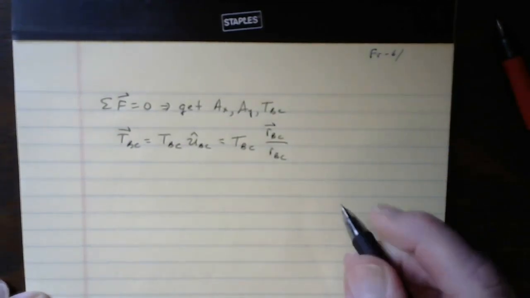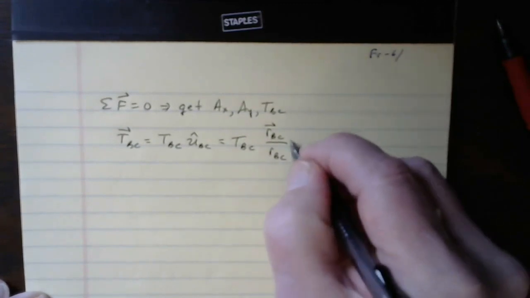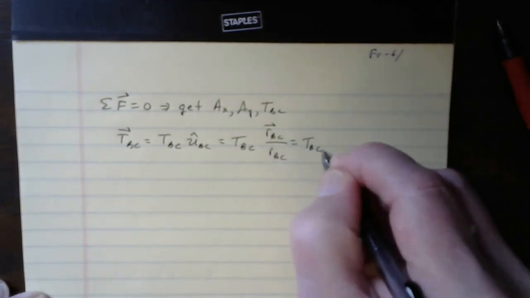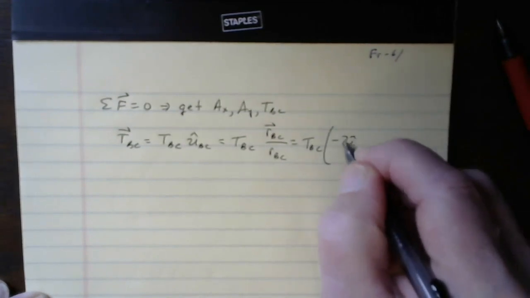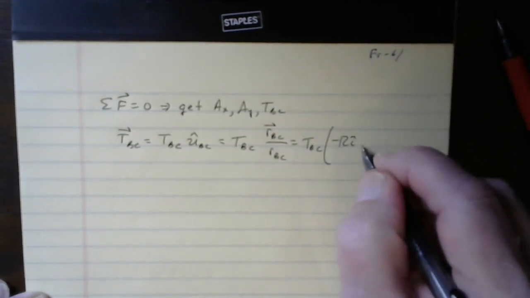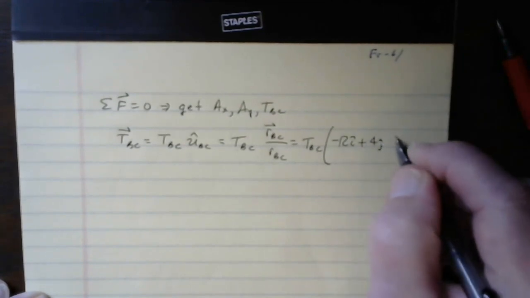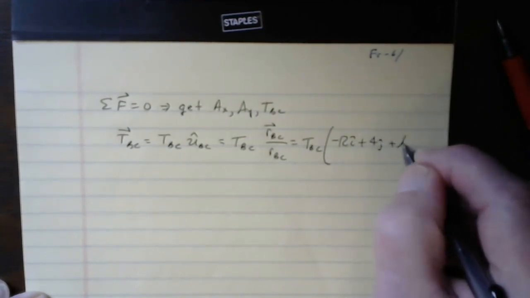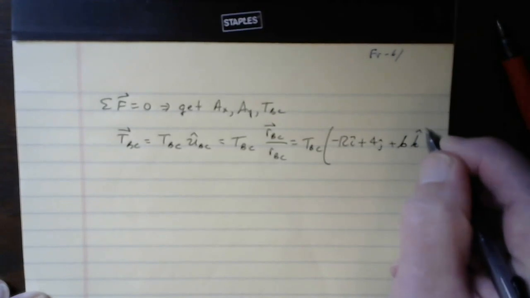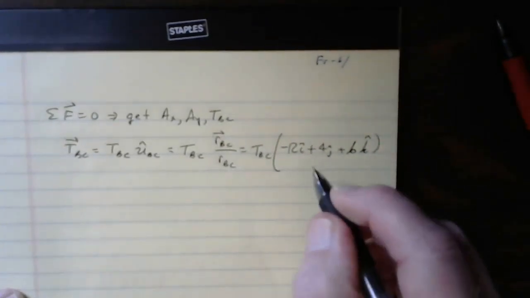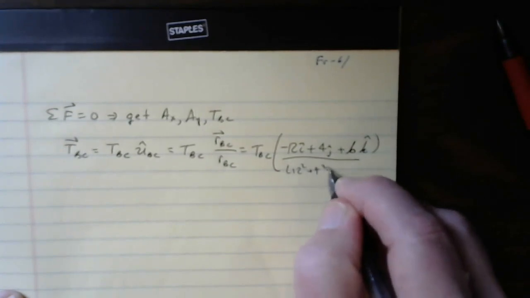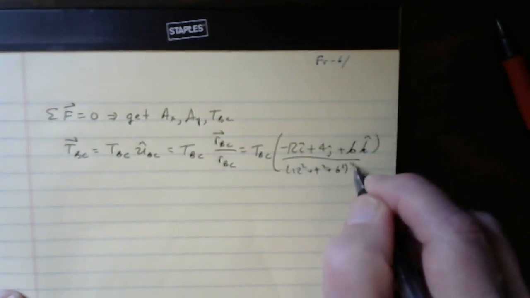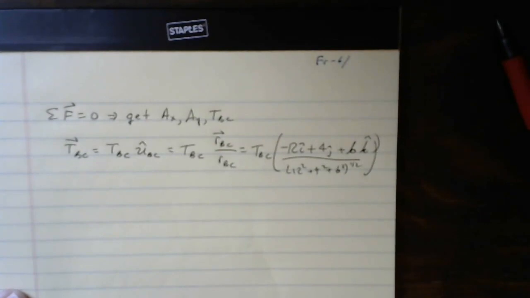So that's RBC divided by its magnitude. Okay, and then using the coordinates, this is TBC, that's the magnitude, and then minus 12i plus 4j plus 6k, divided by the magnitude, which is 12 squared plus 4 squared plus 6 squared to the 1/2. A little bit of arithmetic.